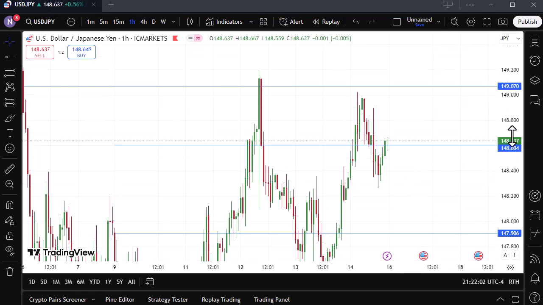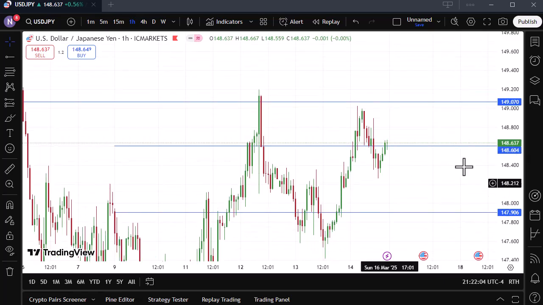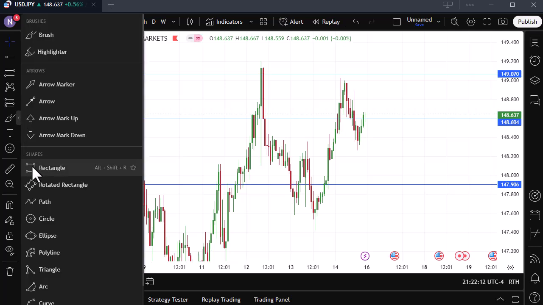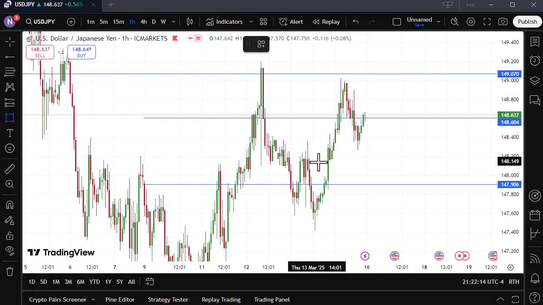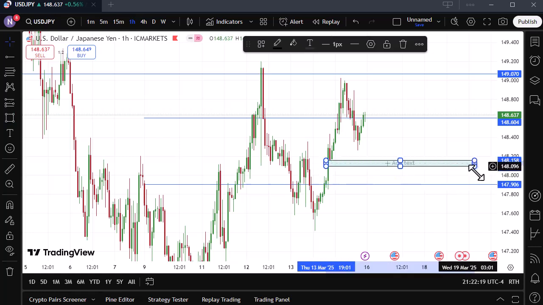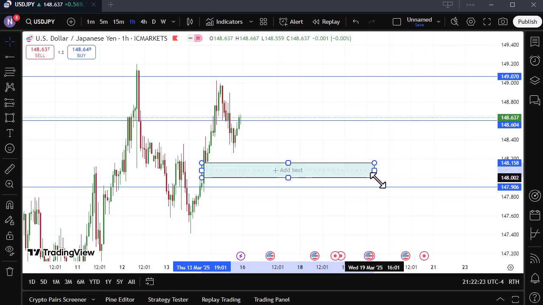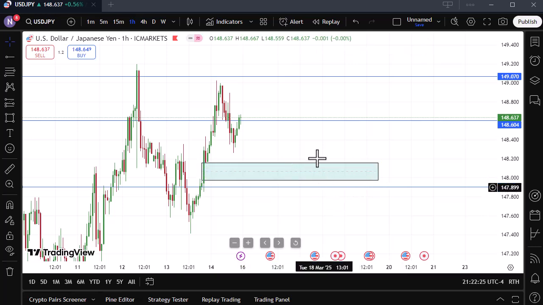Here we are at the 1 hour time frame. At the 1 hour time frame, you can see a fair value gap here. The market is definitely moving down to fill this fair value gap here. This is our fair value gap from the hourly time frame.